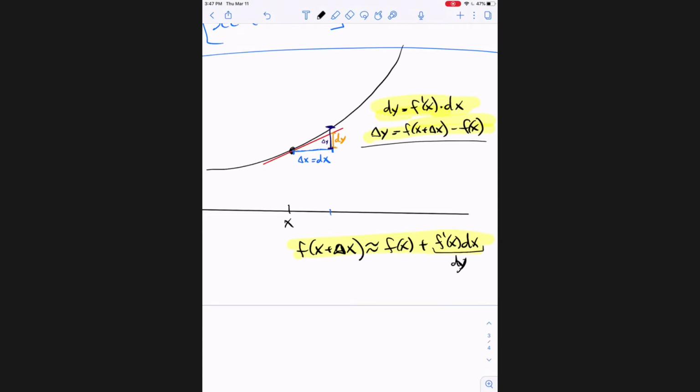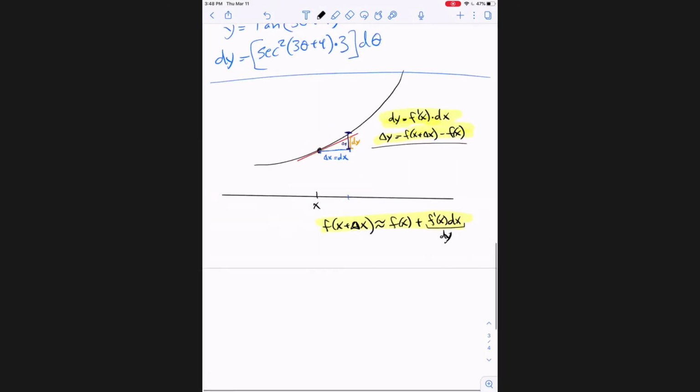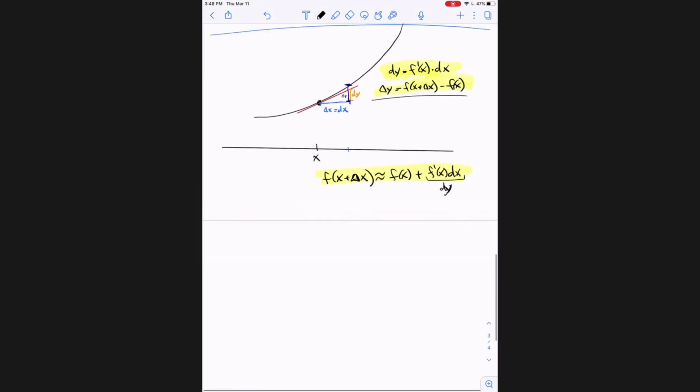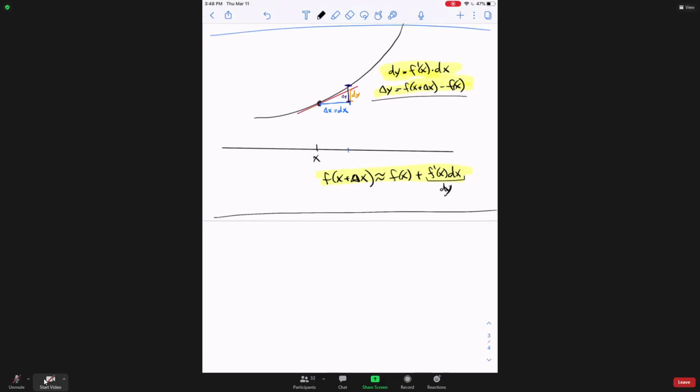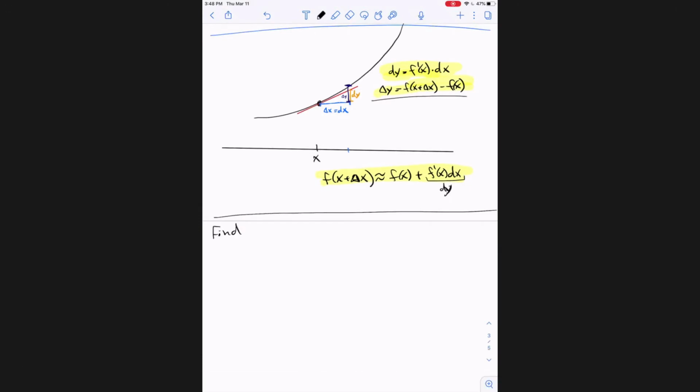All right, so let's do some problems now. Are you guys good? You copied it down? All right, here we go. Example. Find, hold on, I'm gonna make you do two things here.